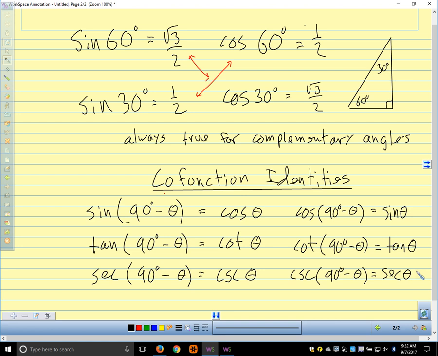So we always have those relationships with complementary angles, the trig function and its cofunction. All right, we good there? This doesn't come up often, but it does come up occasionally, and when it does, it's very nice to be able to use it.